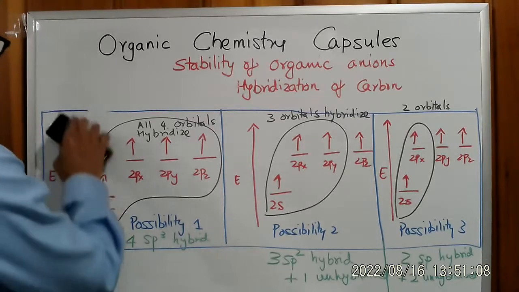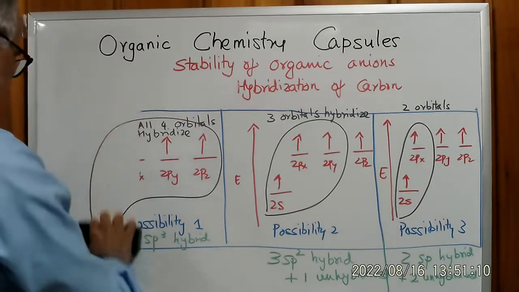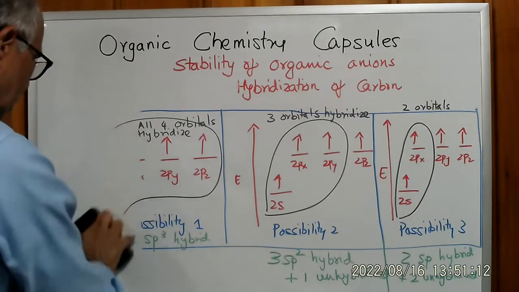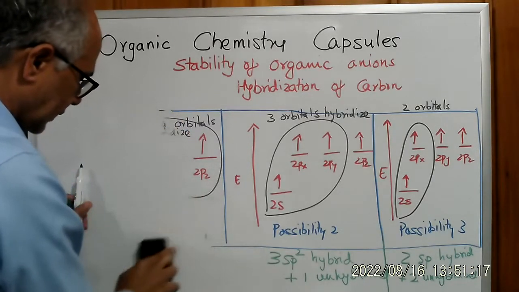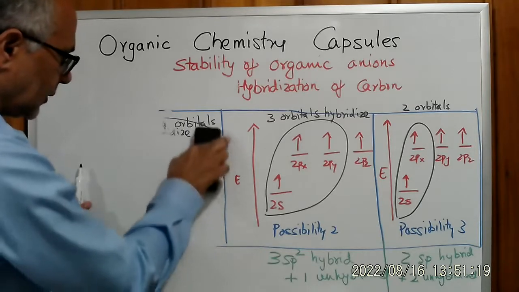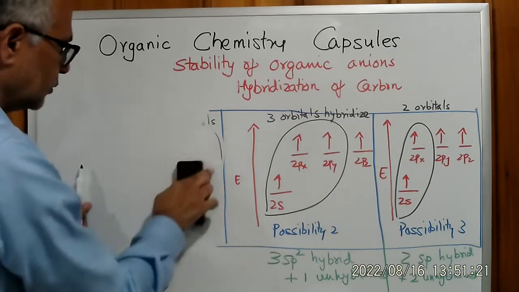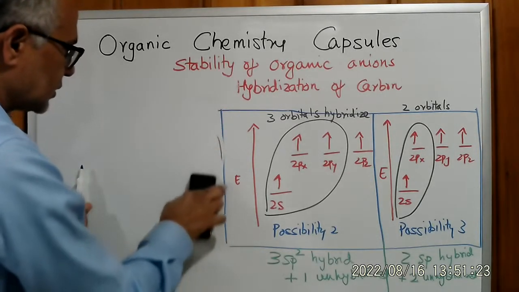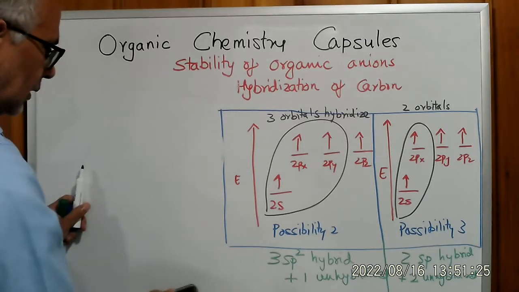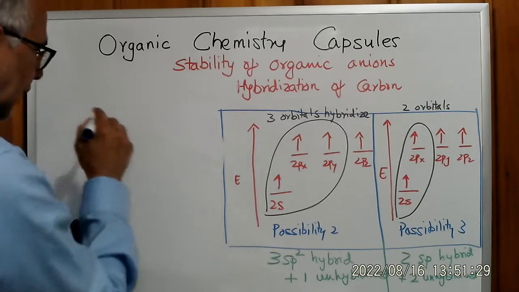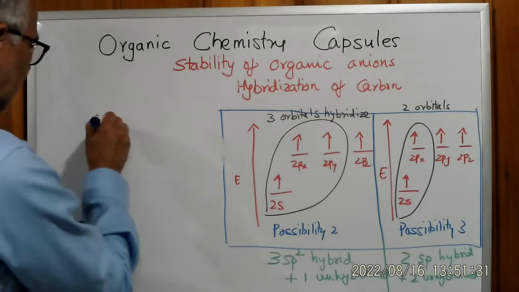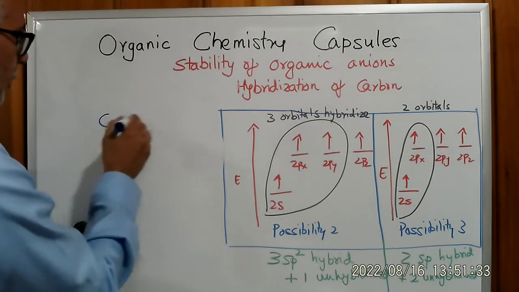Carbon uses those sp3 hybrid orbitals to form bonds with other elements, for example, another carbon, a hydrogen atom. So that's one possibility. Now, when carbon uses sp3 hybrid orbitals to form carbon-carbon bonds, you get the carbon-carbon single bond.